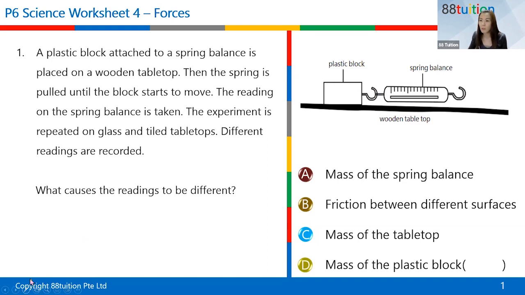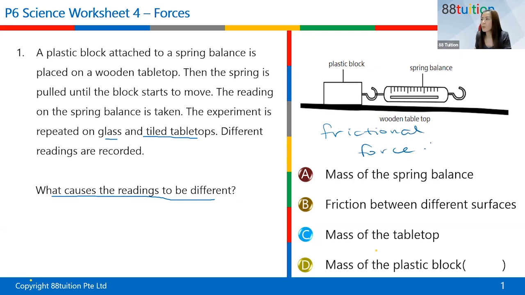The experiment is repeated on glass and tiled tabletops. Different readings are recorded. What causes the readings to be different? Remember, I mentioned previously, when you see actions like dragging, pushing or pulling, it has got to be related to frictional force.